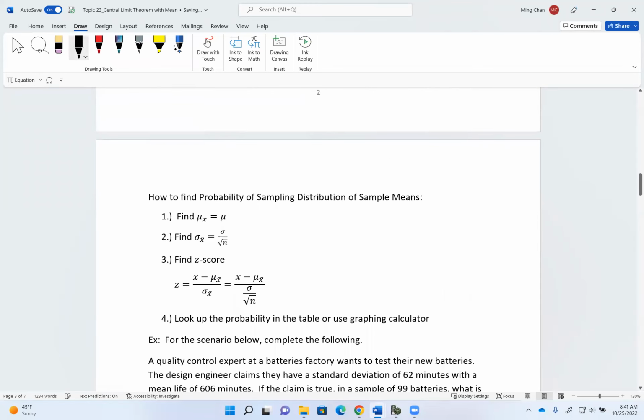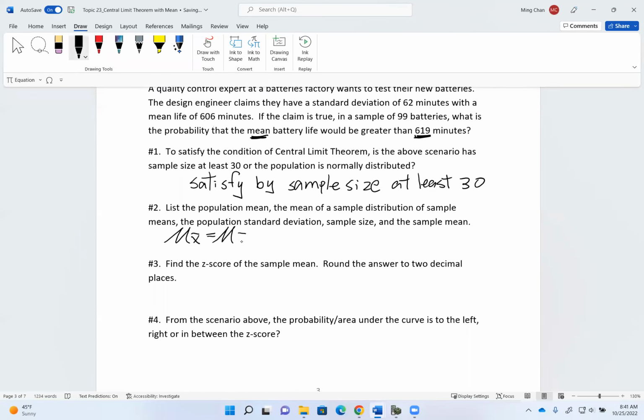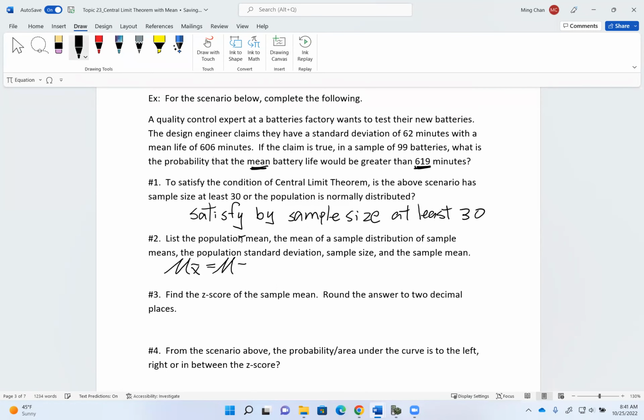That's what the central limit theorem guarantees us, which we know is equal to 606 minutes. The population standard deviation is 62 minutes. The sample size, we know from the problem, we're gonna take a sample of 99 batteries. And the sample mean out of that 99 is gonna be 619. So that's the number we need to convert into a z-score.